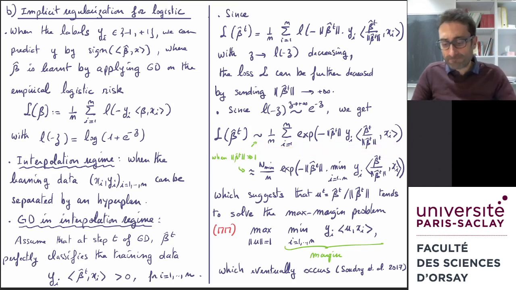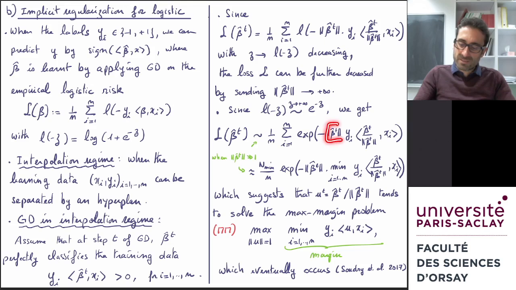Okay, so now you know that if you take the sum of some exponential with something that goes to infinity and some coefficient here, the only term that will remain in your sum when this quantity goes to infinity are the terms for which this is the smallest.